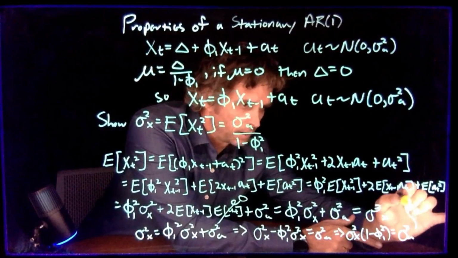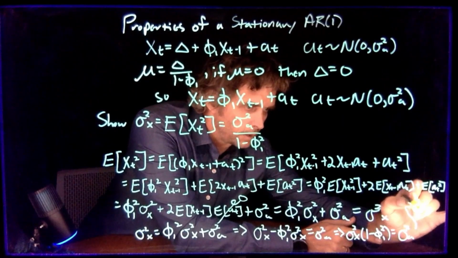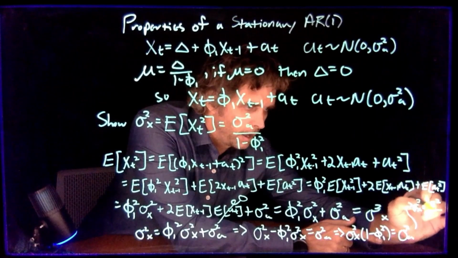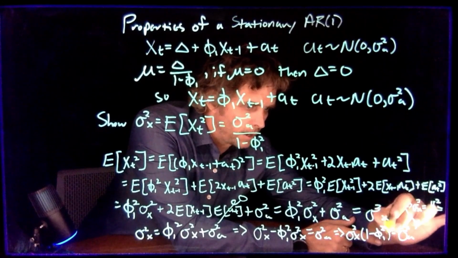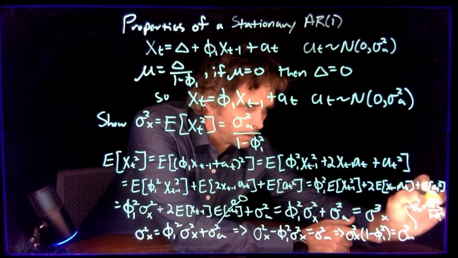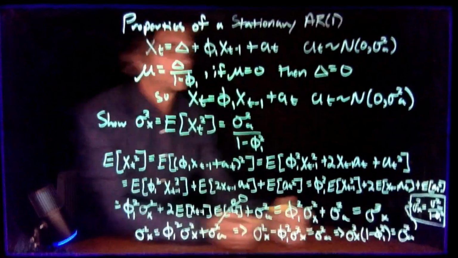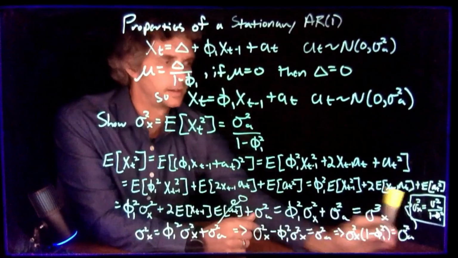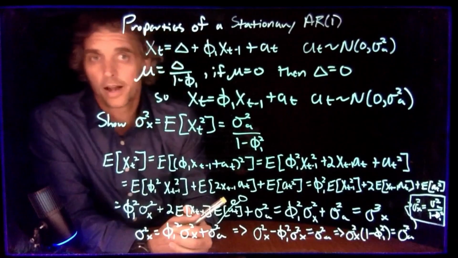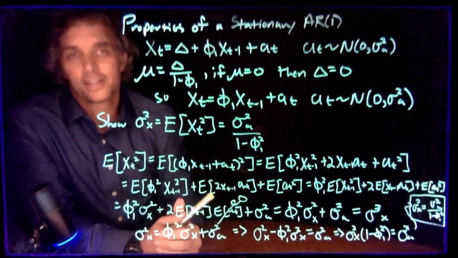And so we will write our final result right here, which is that sigma squared x equals sigma squared a divided by 1 minus phi1 squared. Which, note, of course, does not depend on time. It's a stationary time series. And now we have a property, an identity, for how to calculate sigma squared x given the model. So great job. There's another property of a stationary AR1.